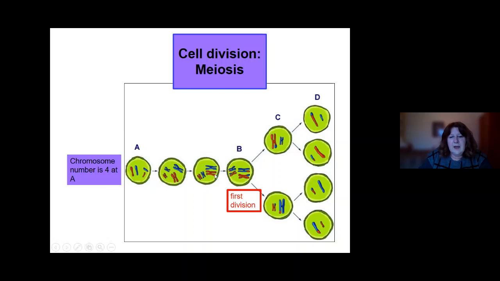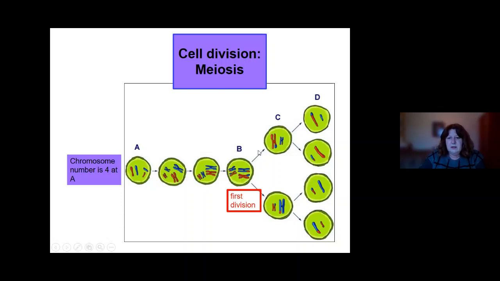We call it crossing over, they've crossed over different parts of their chromosome. So you can see they're now a little different. So we've now got slightly different chromosomes, and we've got double the amount of DNA, and we go into our first division.